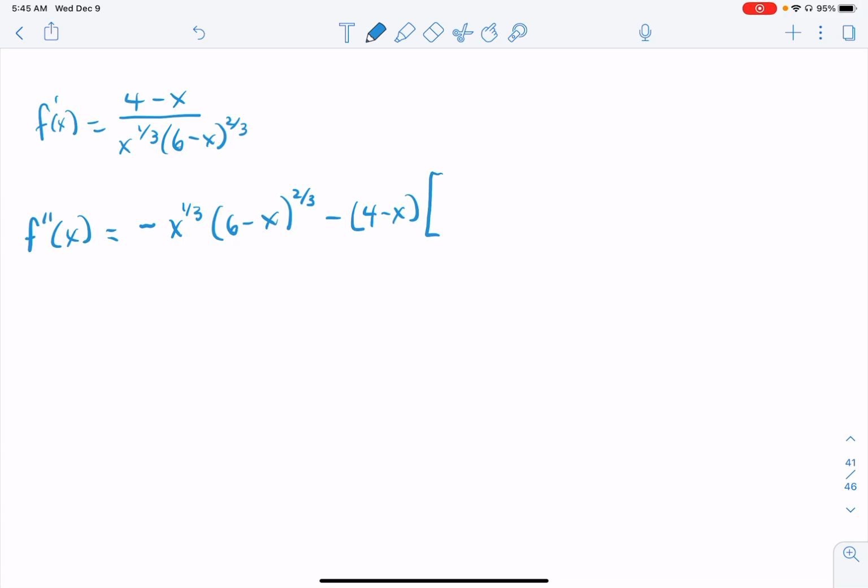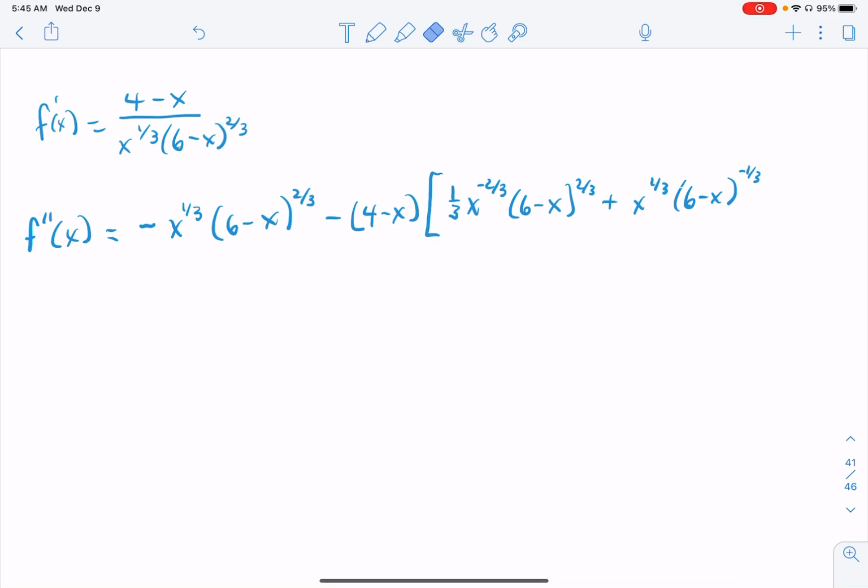All right, so the derivative of the first one is 1/3 x^(-2/3) times the second one, (6 - x)^(2/3), plus the first one, x^(1/3), times the derivative of the second one, 6 - x, subtract 1 from that, -1/3, I do believe, and then times the derivative of the interior.